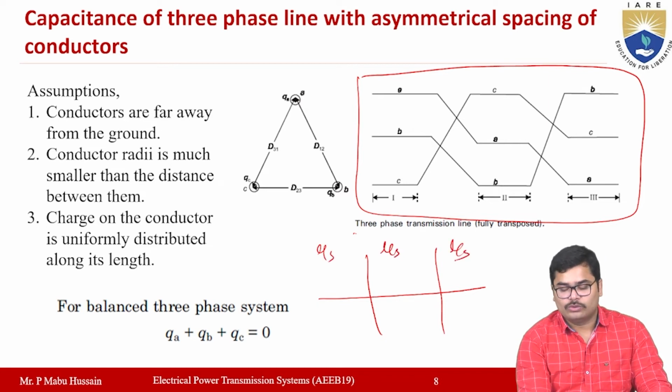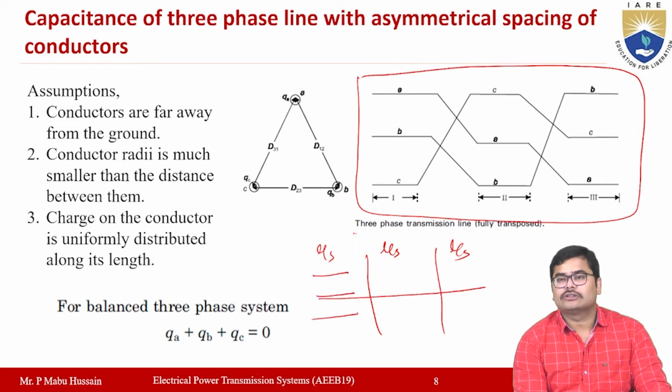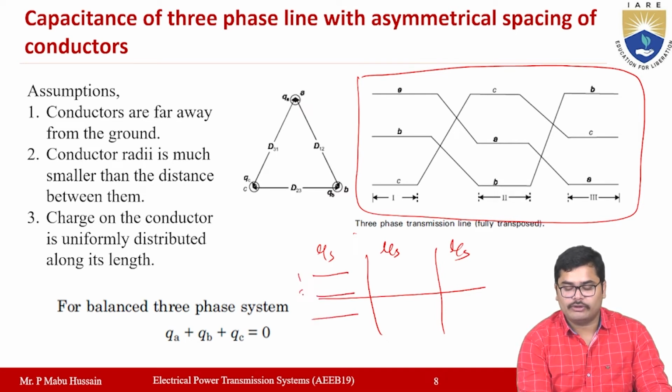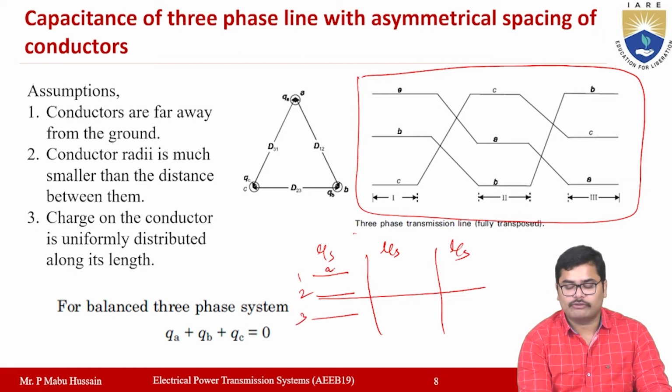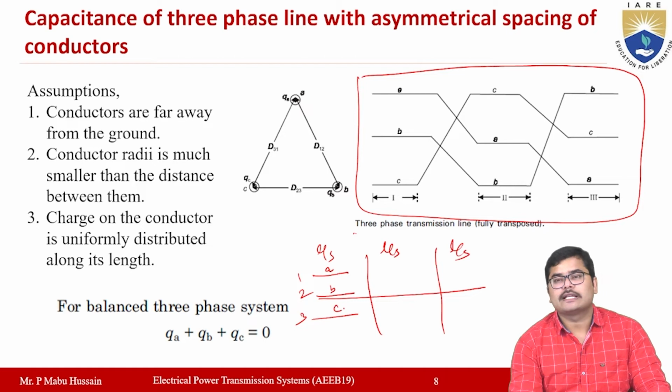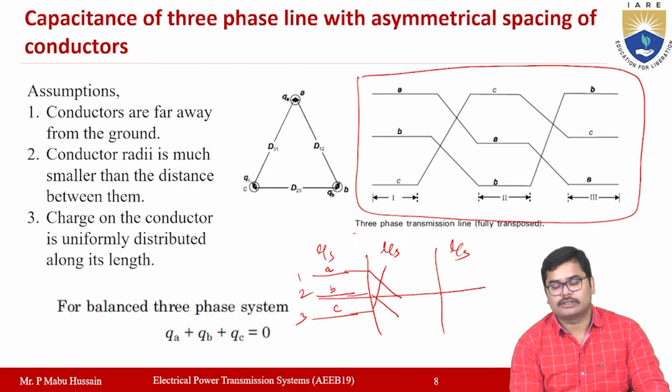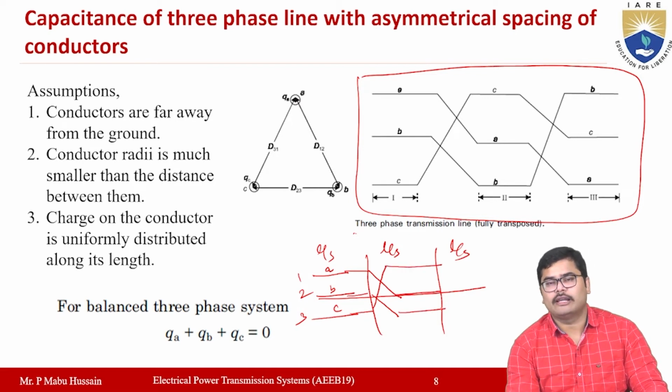Now suppose conductor A, conductor B and conductor C have their respective positions 1, 2, 3. So A is in 1, B is in 2, C is in 3. After the first section, conductor A will occupy the second position, conductor B the third position, and conductor C the first position, up to another L by 3 distance.